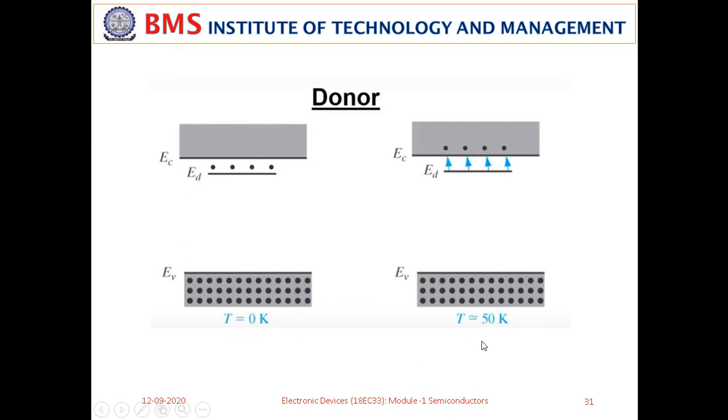Now, as temperature increases, what will happen to the extra electrons which we have created by doping? Those electrons keep moving into the empty states available in the conduction band. You can see the arrow mark here showing the electrons donated because of donor impurities. ED means the donor energy level, they donated electrons here.